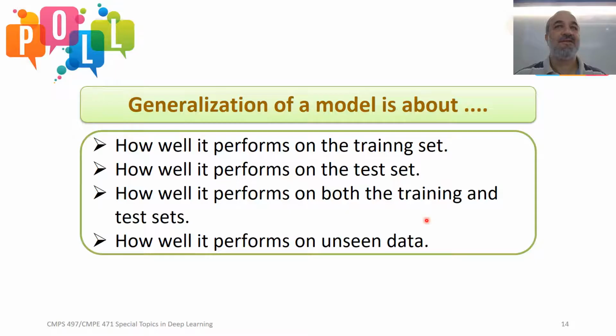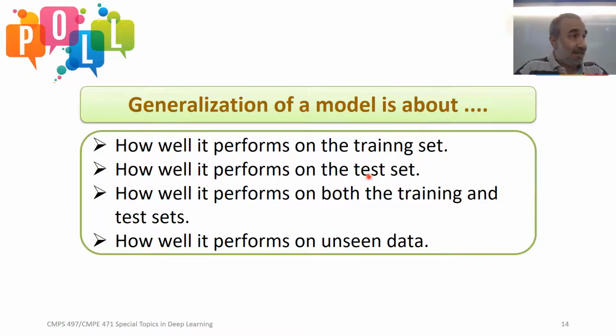Second one? Third one? Fourth? Yes, it performs on unseen data. So why not say it performs on the test set? Yeah, it should be also on the test set, right? The test set is unseen. But we want to see how well it performs on any other test set. So our goal is not only the test set.